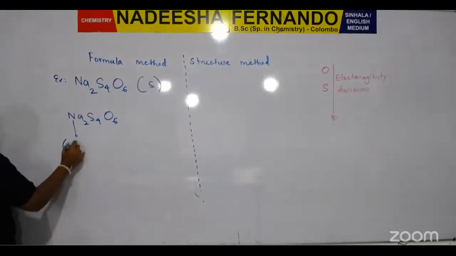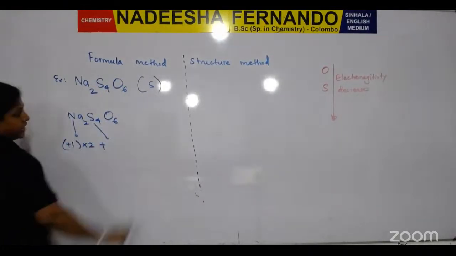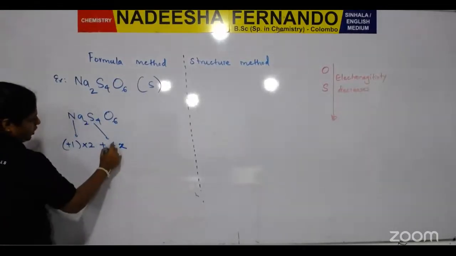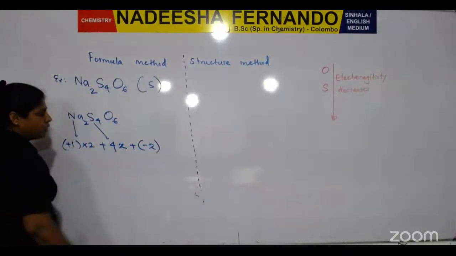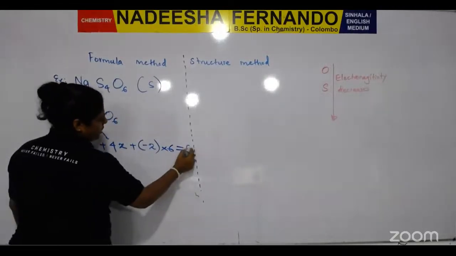Sodium plus one, there are two sodium. You need to take the oxidation state of sulfur. Take it as X, there are four, therefore 4X. Oxygen is minus 2, there are 6. This is a compound, therefore the sum will be equal to 0.